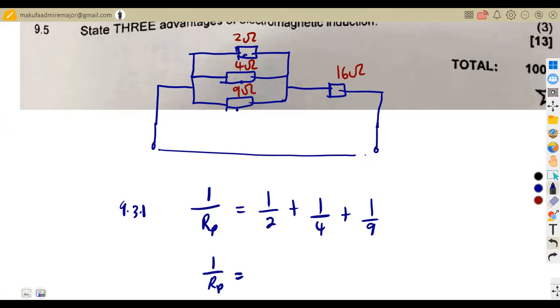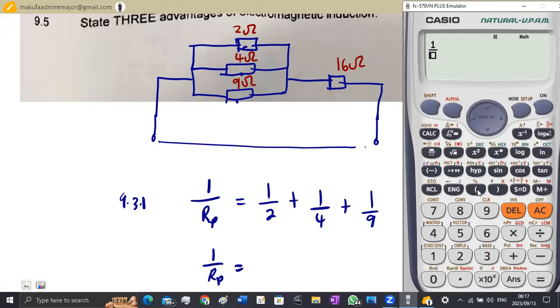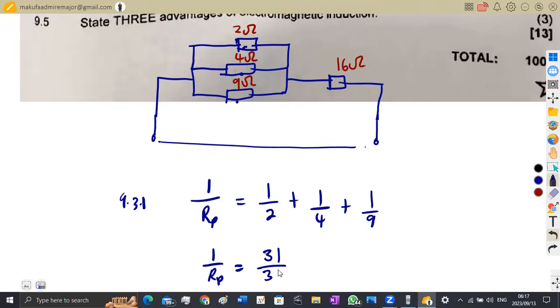Let me use my calculator so that I explain properly how we are going to get the answer. So it's 1 over 2 plus 1 over 4, plus 1 over 9. This is going to give us 31 over 36.